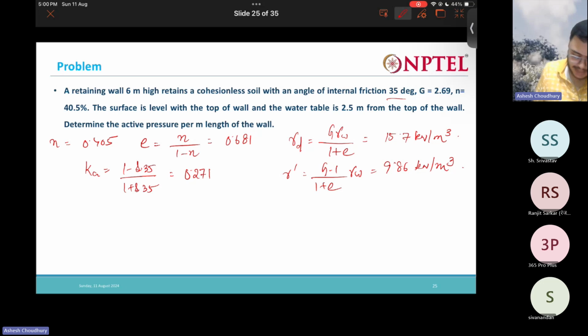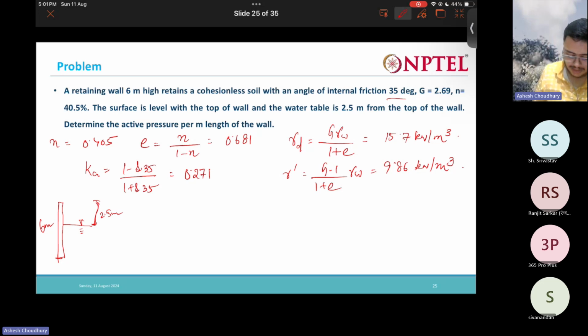Alright. Now the next question is, our retaining wall is like this, 6 meter high. The water table lies at a height of 2.5 meters. Now we have to calculate the active earth pressure per meter length.